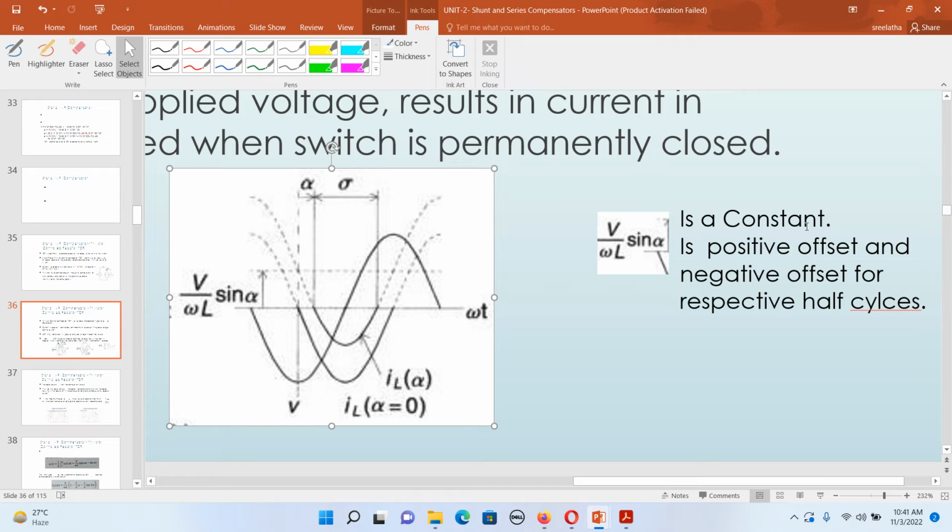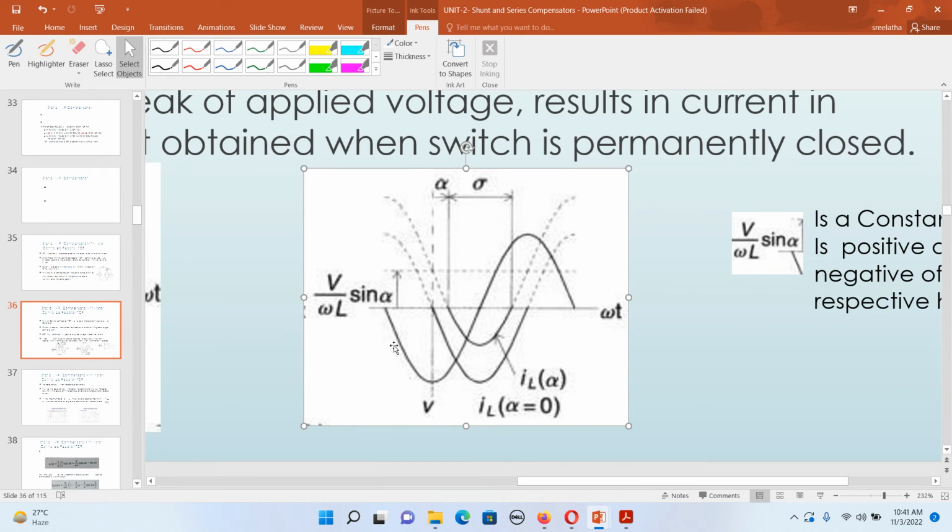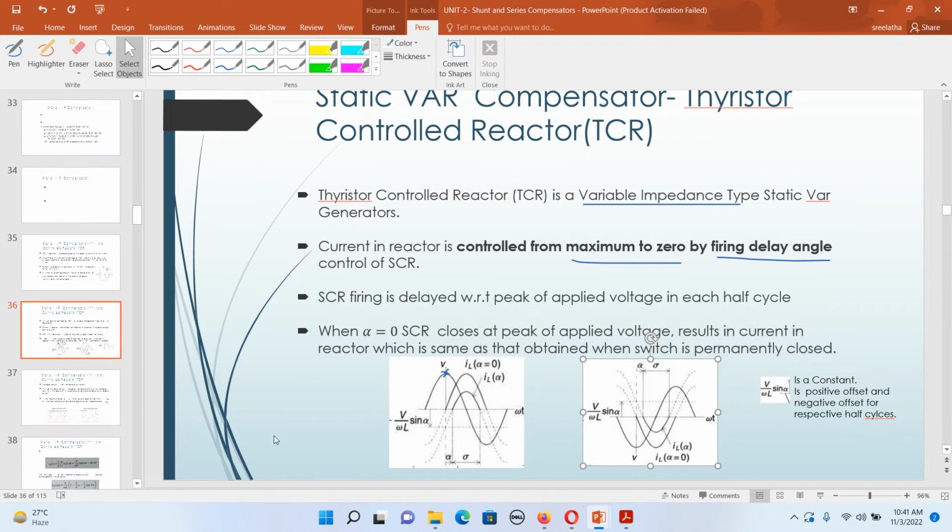So it is a positive offset and negative offset for the respective half cycles. Even in the negative half cycle, when it is at maximum, this is zero, and when we have a certain firing angle, this much is the conduction angle. Okay. Any questions, girls?